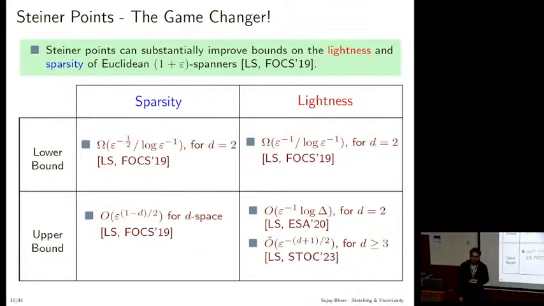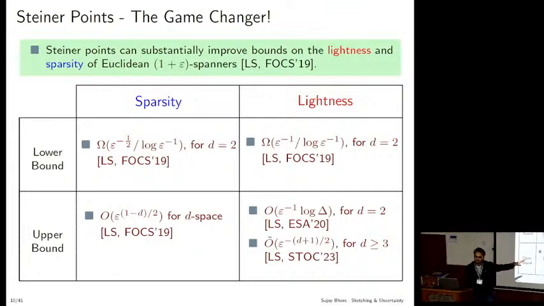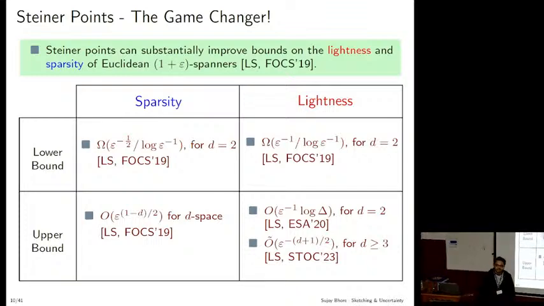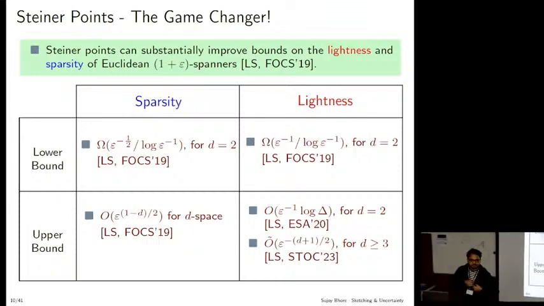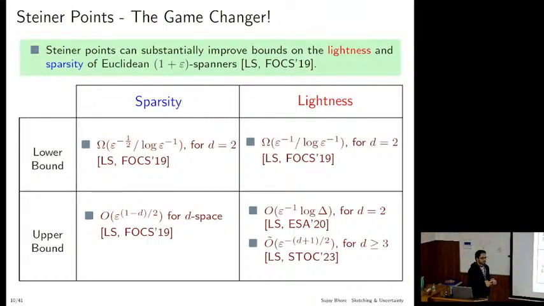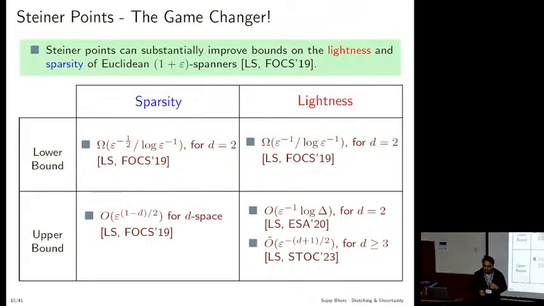But with embedding you already lose some distortion, and that will affect your dilation. Right. So when you measure the lightness and sparsity, do you compare against the original set of points or with the Steiner points? The original set of points. Steiner points don't count; otherwise it's just the same.